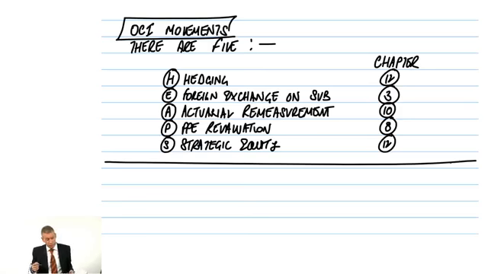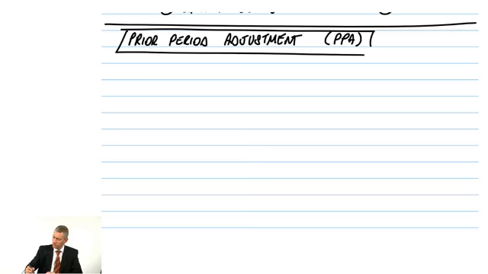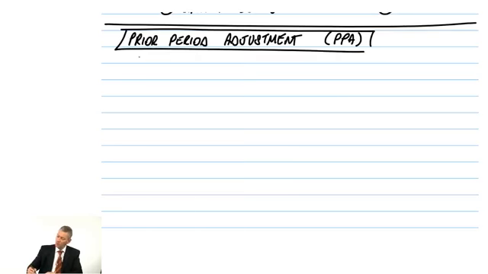Starting with the next batch of rules, prior period adjustment, otherwise known as PPA. This means restatement of comparatives.